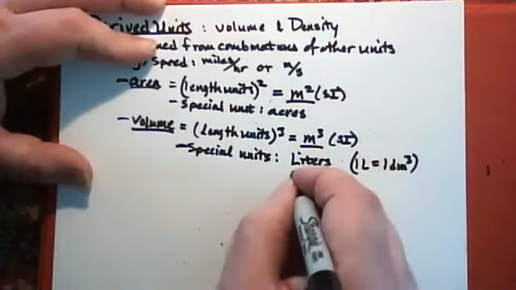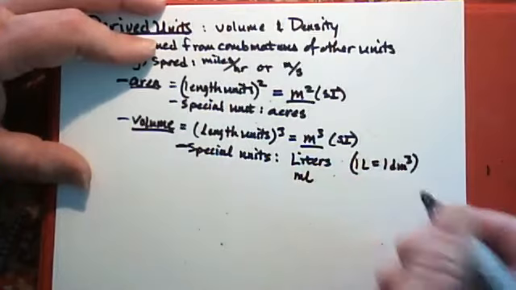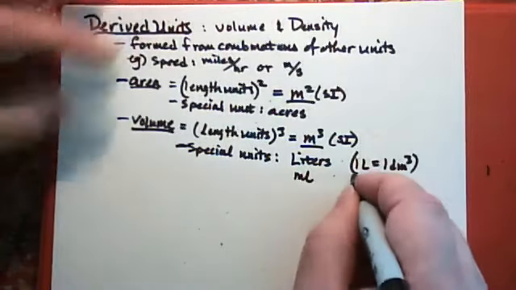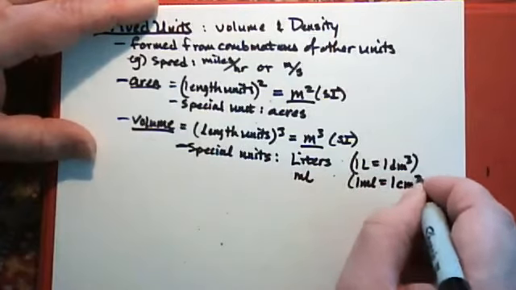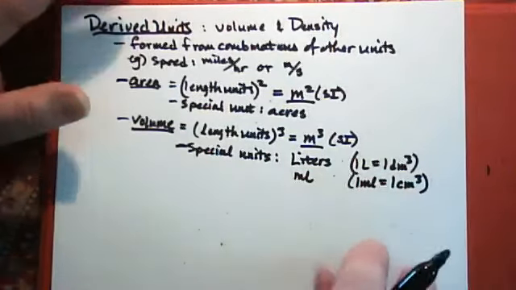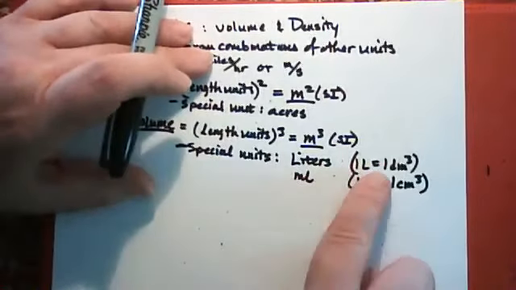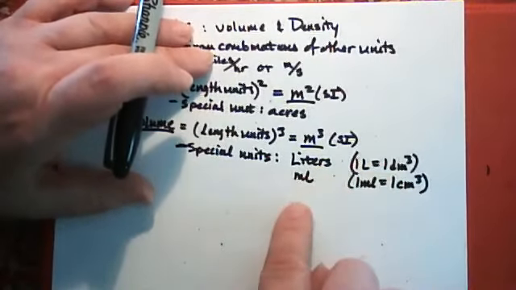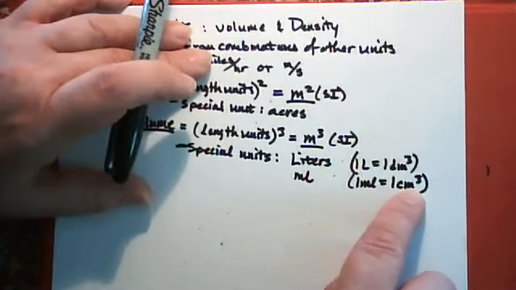Okay. There's also the milliliter, which is commonly used in the metric system. Turns out that they were really thinking when they set up the metric system. They set it up so that a liter is the same as a cubic decimeter, and they also set it up so that a milliliter is the same as 1 cubic centimeter.